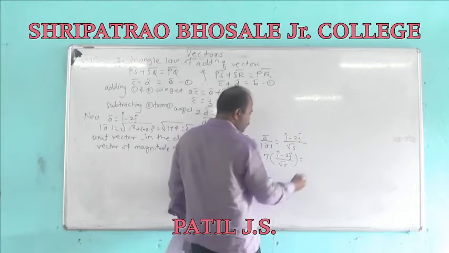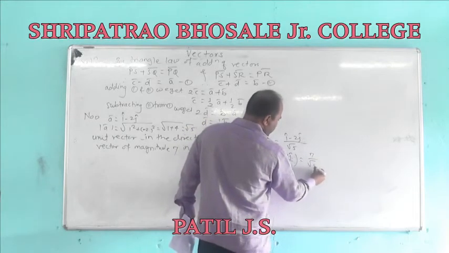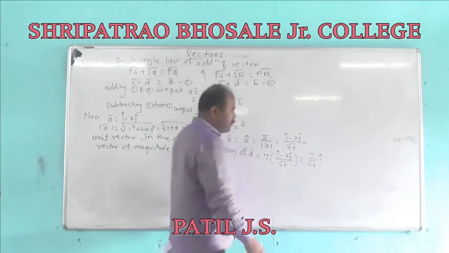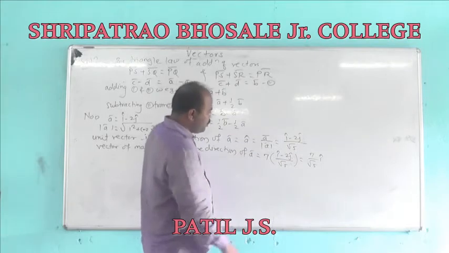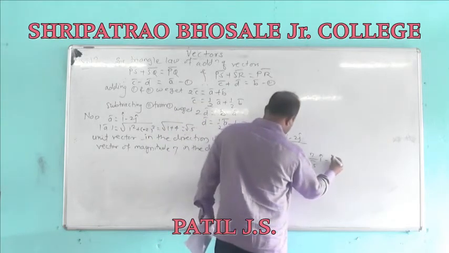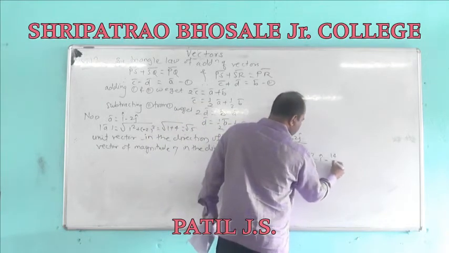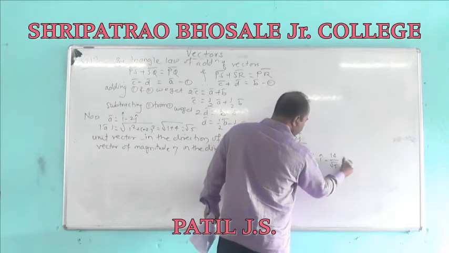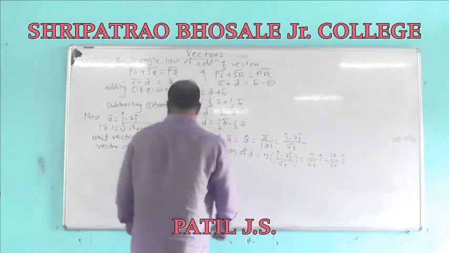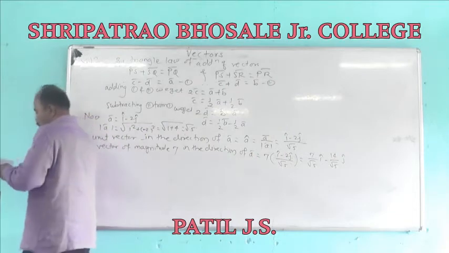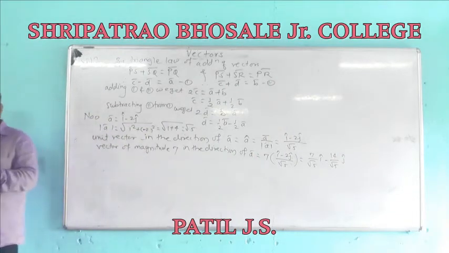This is equal to 7 upon 5 into i cap minus 14 upon 5 into j cap. This is the vector of magnitude 7 in the direction of A bar.